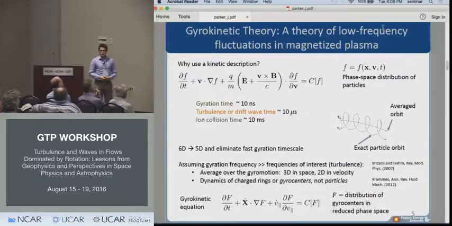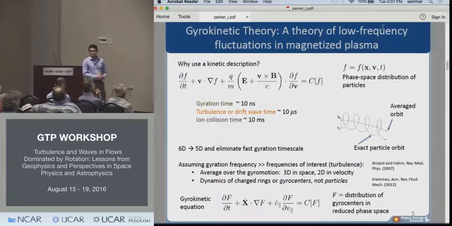I'll spend a brief moment talking about the gyrokinetic theory, which is the workhorse theory for understanding low-frequency fluctuations in magnetized plasma. First, I'll motivate why we need to use a kinetic description at all instead of a fluid description. Here's a Fokker-Planck, Boltzmann type of equation.